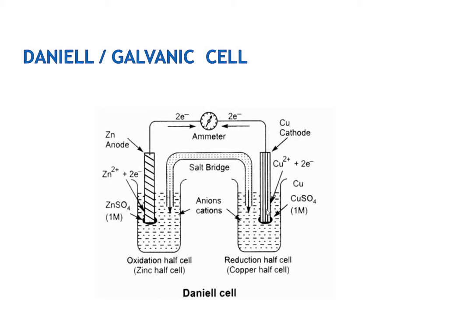In another beaker, copper sulfate solution is used and the copper cathode is dipped, and both these electrolytes are connected with the salt bridge as I have mentioned earlier. This zinc electrode will act as an anode and copper acts as a cathode. This is the flow of electrons, which will be from the zinc to the copper, while the ammeter is used for the current flow.